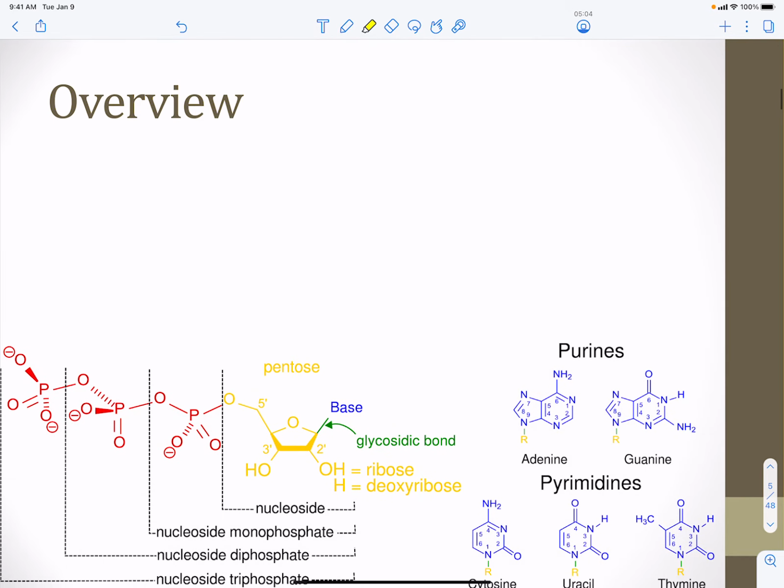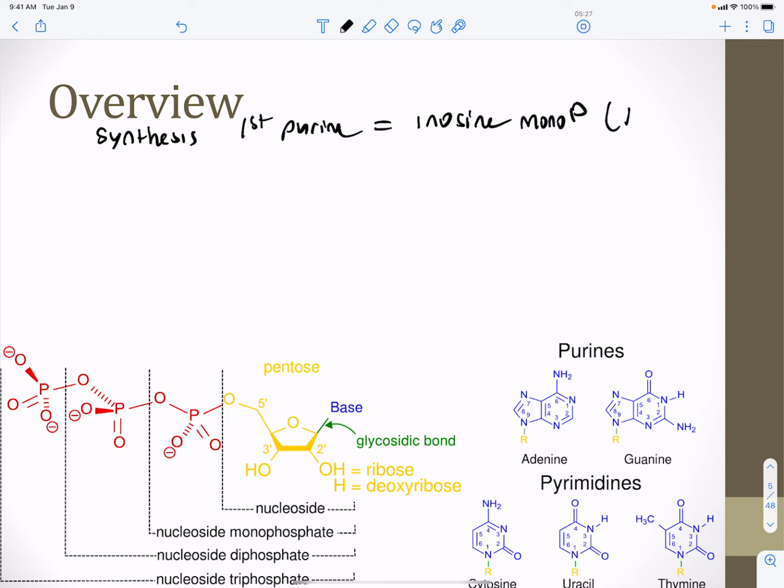Now, purines are going to be synthesized with the initial purine being inosine monophosphate, or IMP. Adenosine monophosphate and guanosine monophosphate are each going to come from IMP, and they have two different reaction pathways to do this.